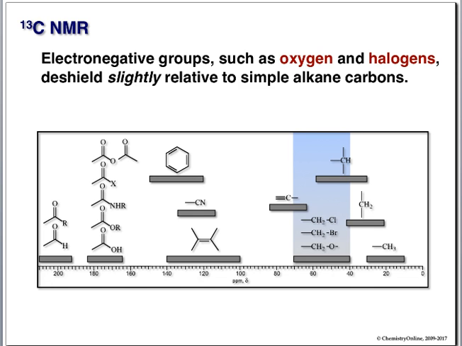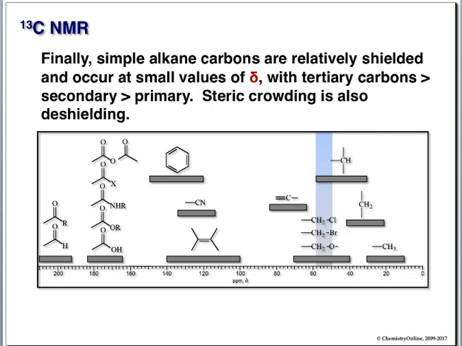C13 is also sensitive to crowding. It's a steric effect. Down here in this region where we have simple CHs, you'll note that simples are down here around 20, like a methyl group. A secondary carbon will be higher, between 30 and 40. And between 40 and 50, typically we will get tertiary.